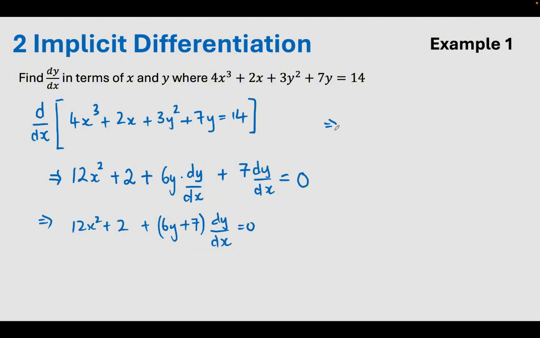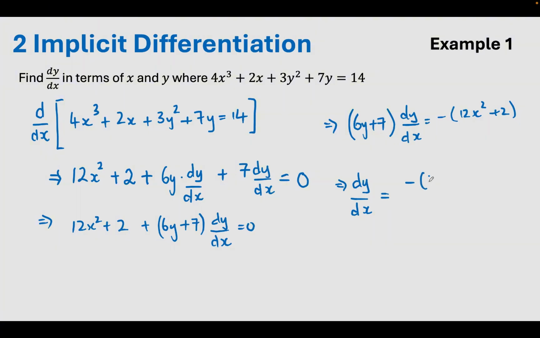Tidying this up, I can bring the 12x squared plus 2 to one side, so I get 6y plus 7 dy dx equals minus 12x squared plus 2, and therefore dy dx equals minus 12x squared plus 2 all over 6y plus 7.